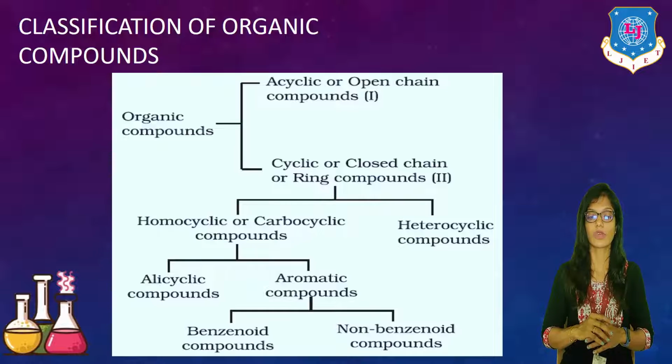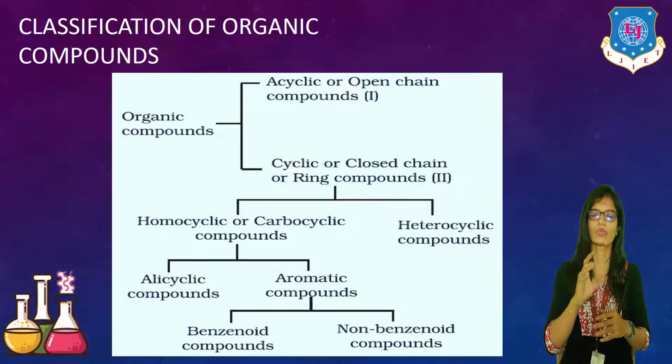Now, those homocyclic or carbocyclic compounds are further divided into two main parts. Number one, alicyclic compounds. Number two, aromatic compounds.